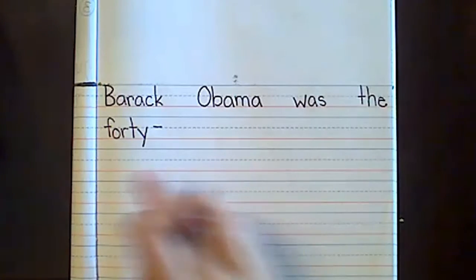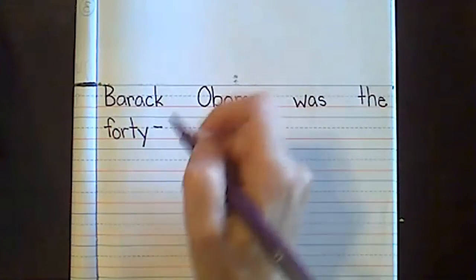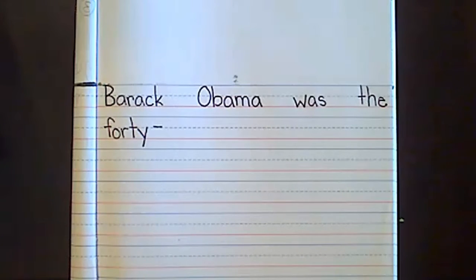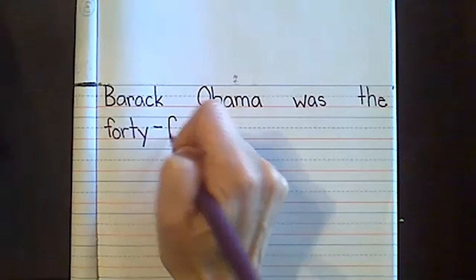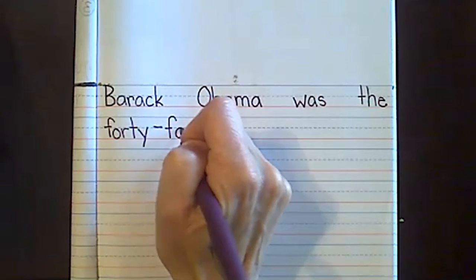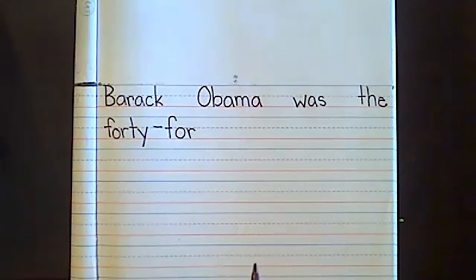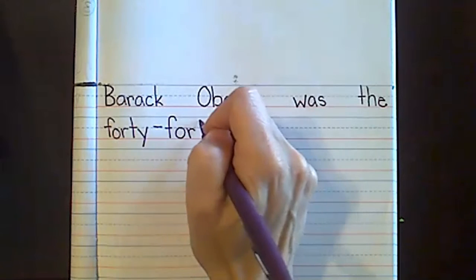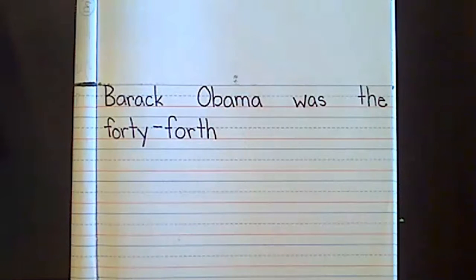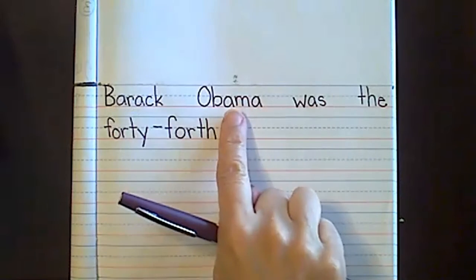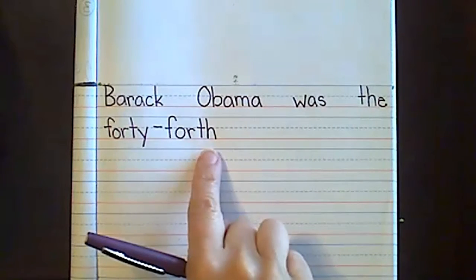Barack Obama was the 44th. Now, 44th, we put a dash in between instead of a space. So fourth is fourth. Digraph TH makes the th sound. Barack Obama was the 44th.